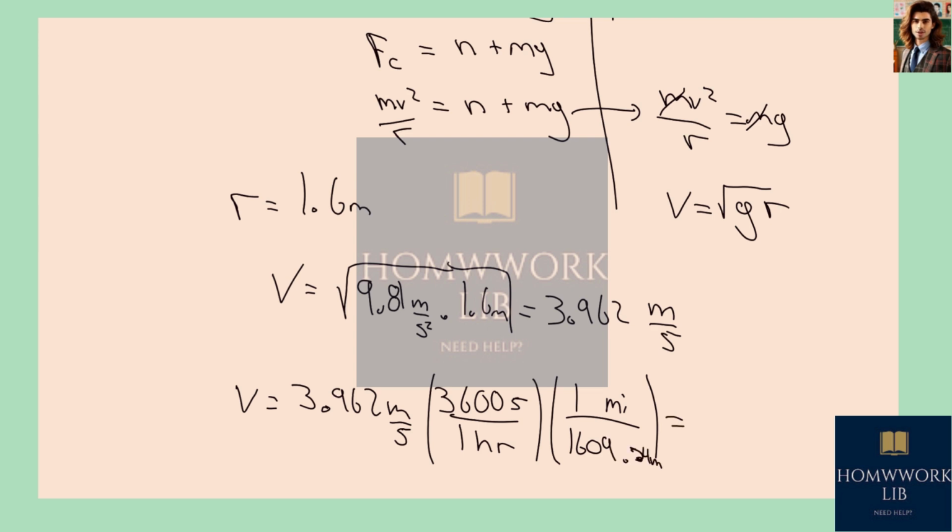In this conversion, meters and meters cancel out, seconds and seconds cancel out. The units will be miles per hour, 8.863 miles per hour.